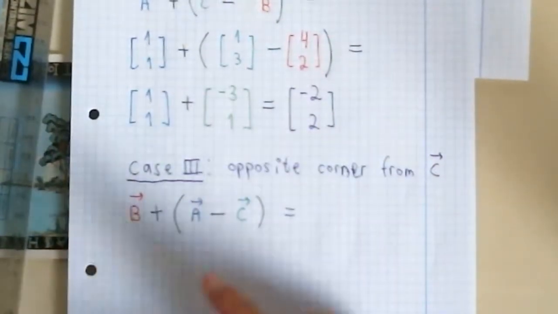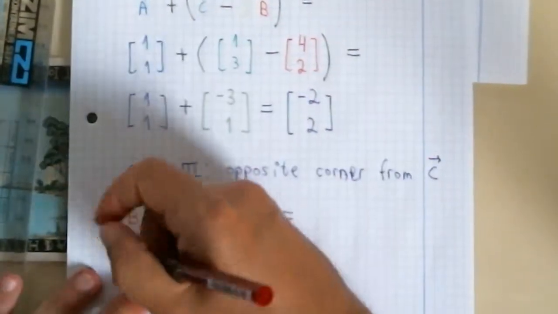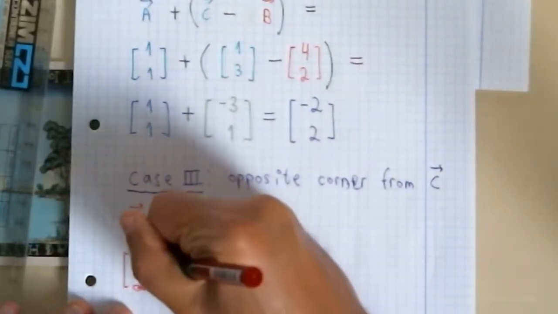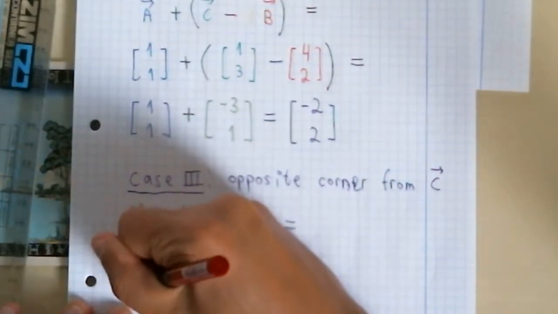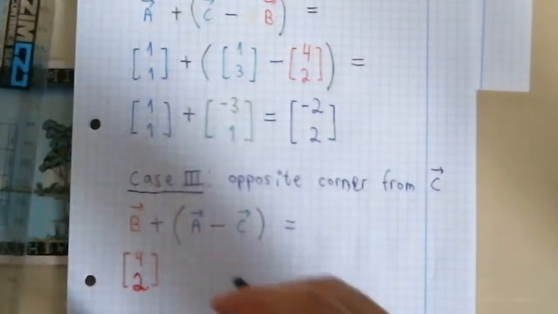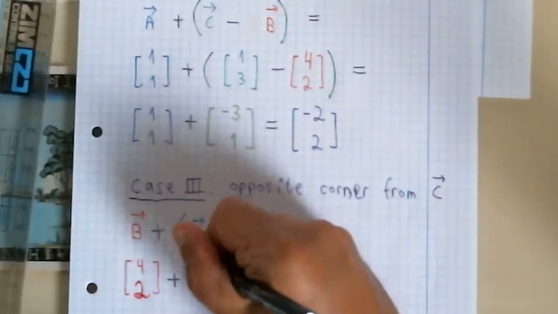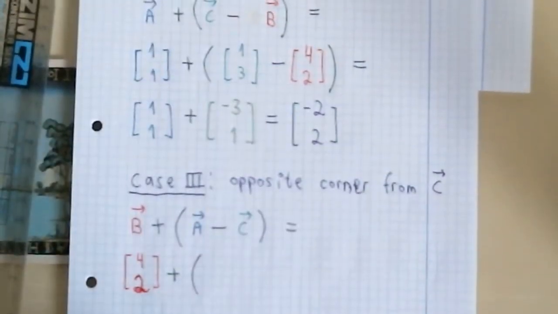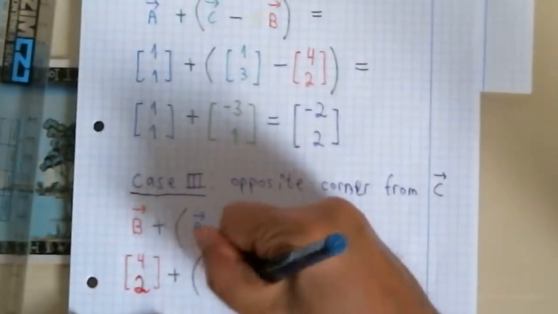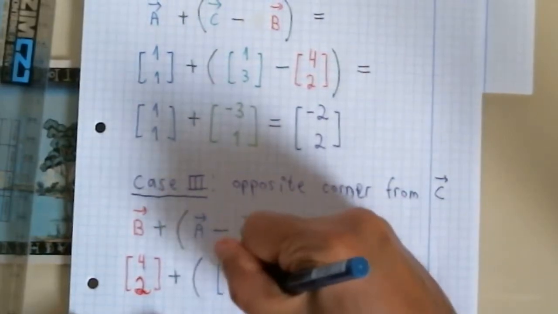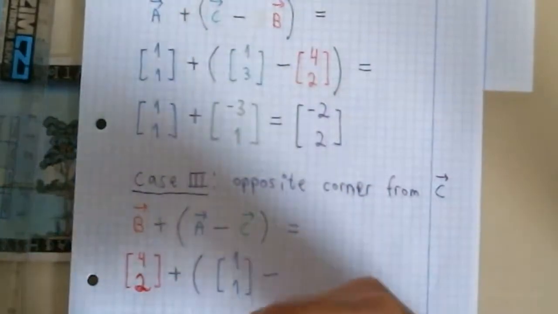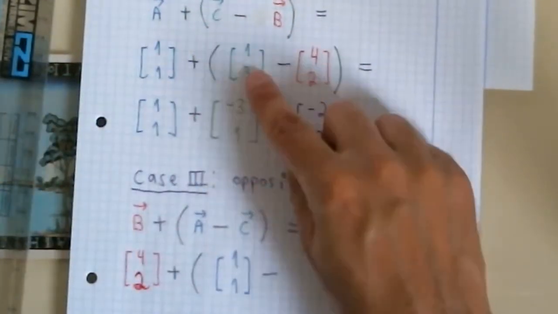B equals 4, 2. Plus A equals 1, 1. Minus C, which equals 1, 3.